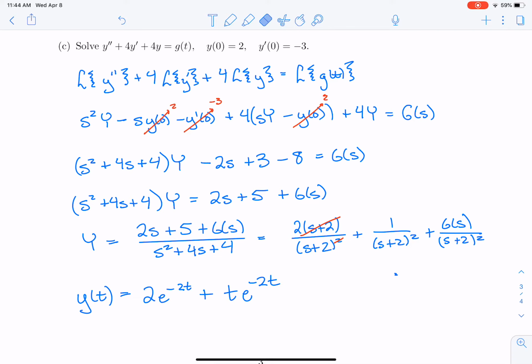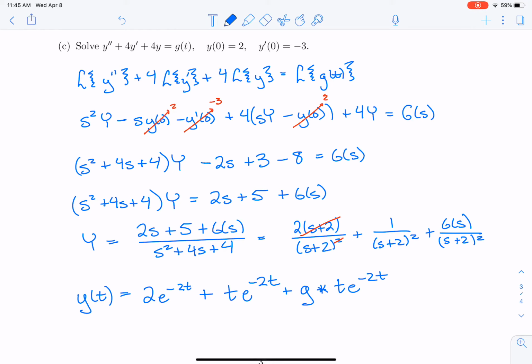And then finally, I have a capital G of s divided by s plus 2 squared. So I have capital G of s times 1 over s plus 2 squared. So that's going to be g convolved with t e to the minus 2t, because capital G of s is being multiplied again by 1 over s plus 2 squared, which we already saw has an inverse Laplace transform of t e to the minus 2t.